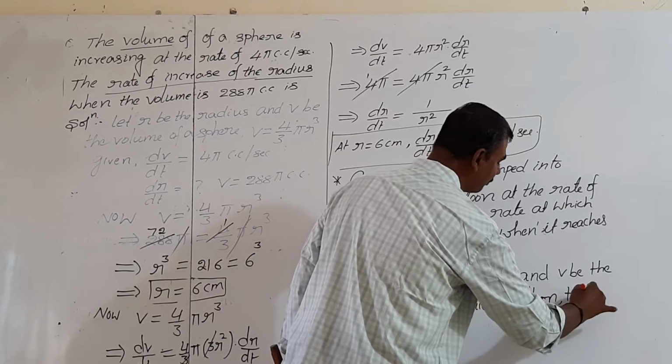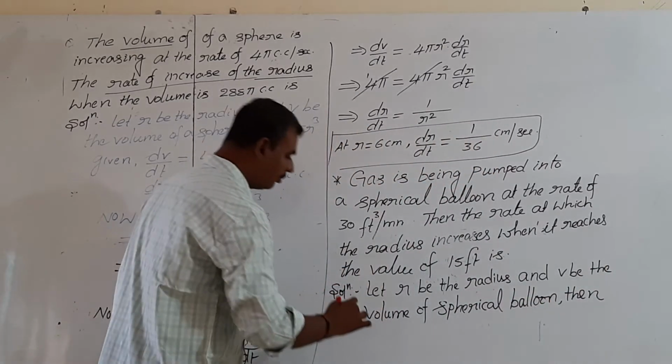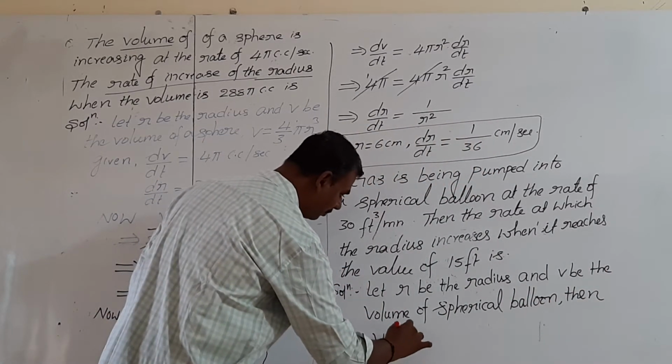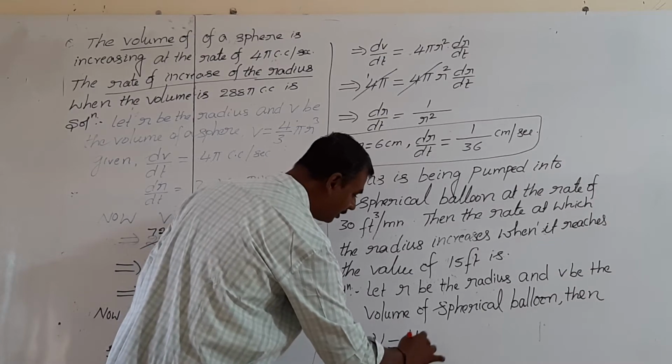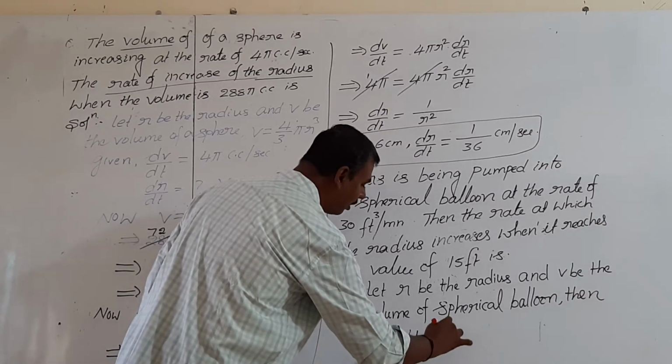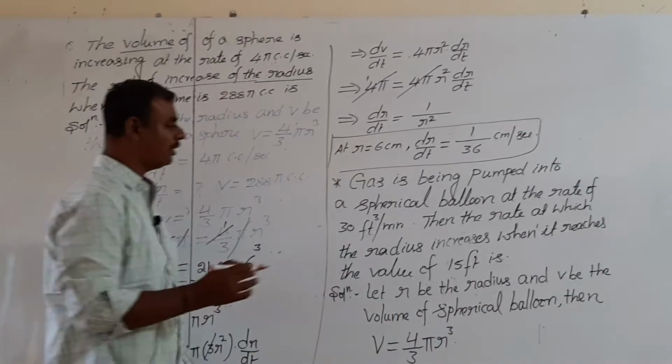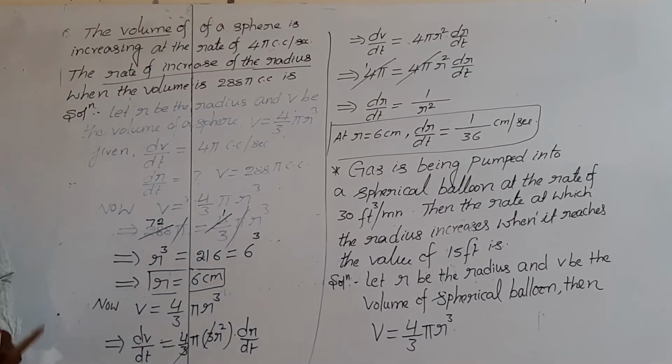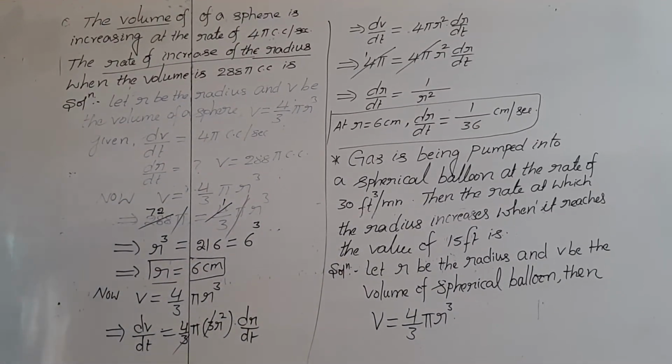Then we know the volume of a sphere formula. What is the formula? V equals 4/3 pi r cube. Now we continue the question.